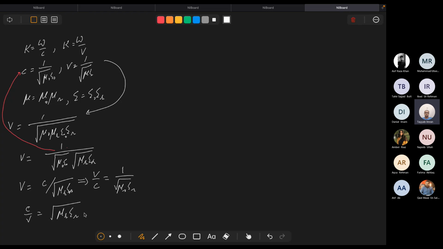ठीक है? So ये basically एक ratio सी है जिसमें एक speed of light है और speed of wave or anything in the medium, ठीक है, is equal to the under root relative terms of permeability and permittivity, ठीक है? After this, we already know कि ये जो term होती है ये n, refractive index को show करती है, ठीक है?